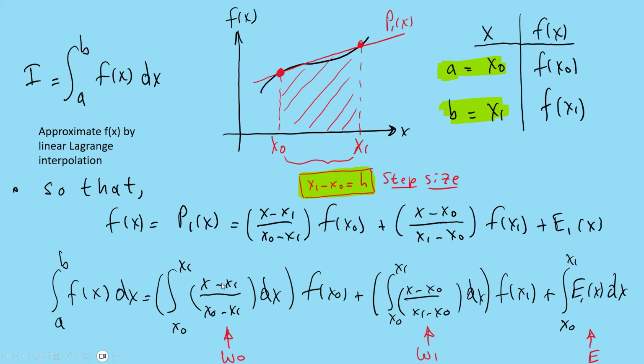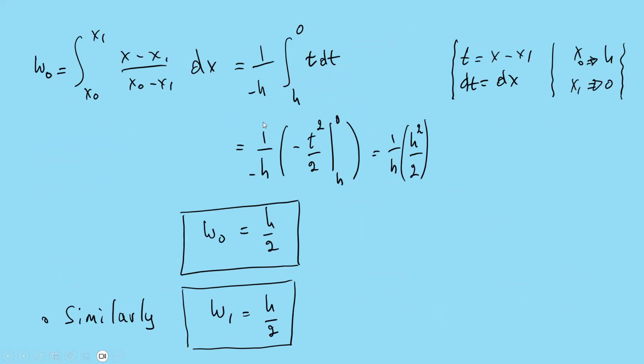How can we find this value in simple terms, based on A and B? We replace x minus x1 with a new variable t, so that dx equals dt.